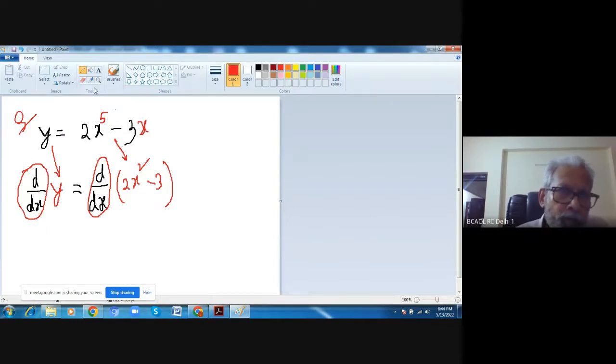Let's see, I'm trying to do it here so that it will be more clear. And it is 3x. So it's equal to, so both the things you have to read. So dy/dx.